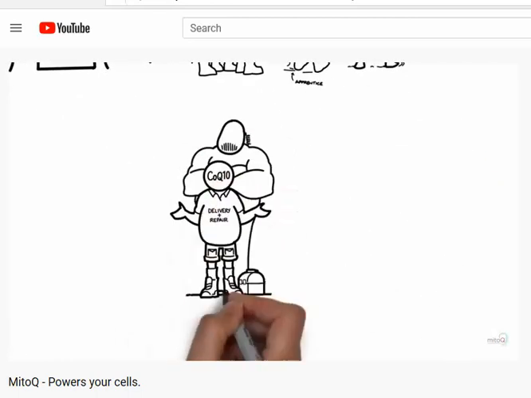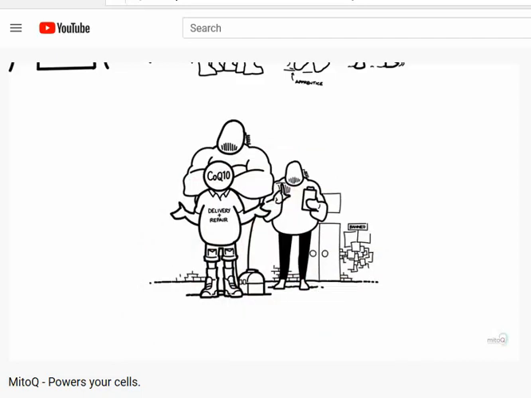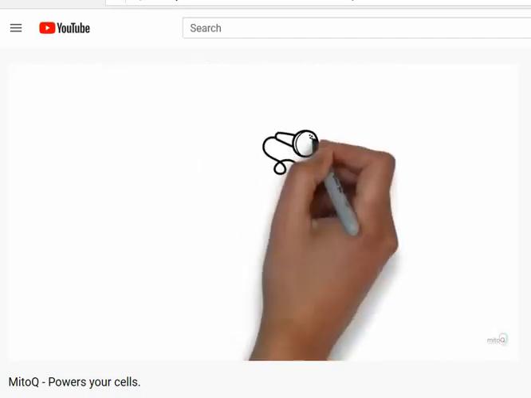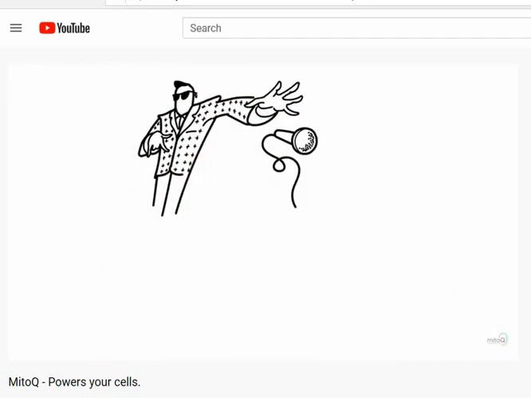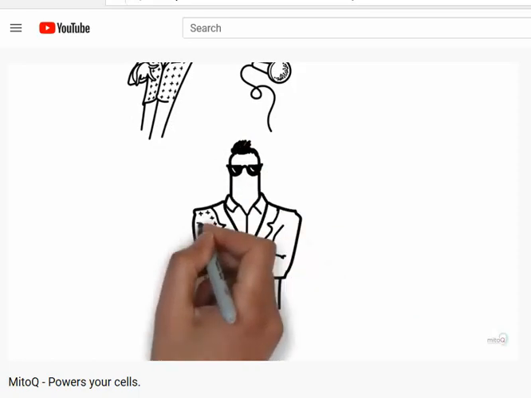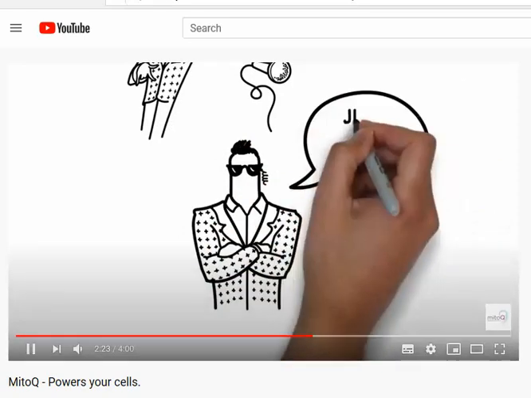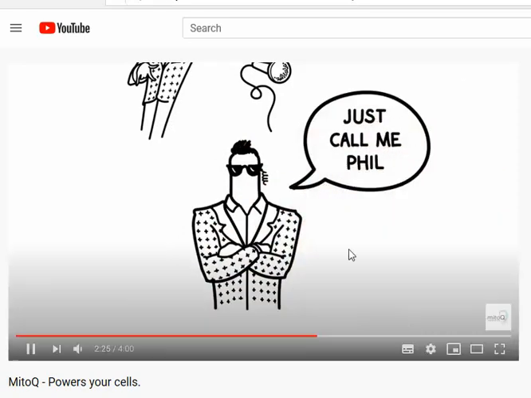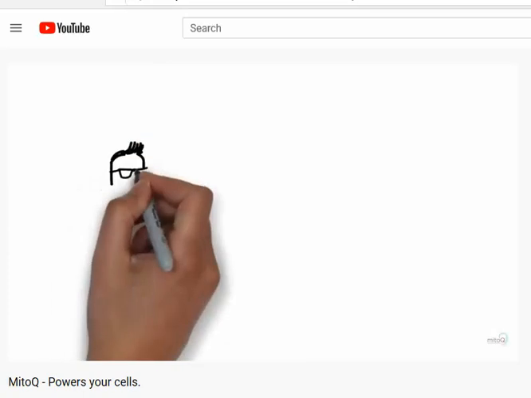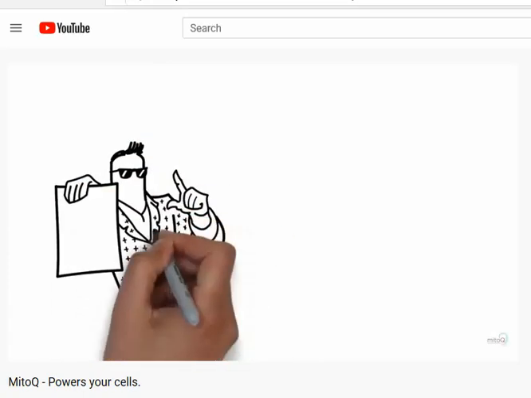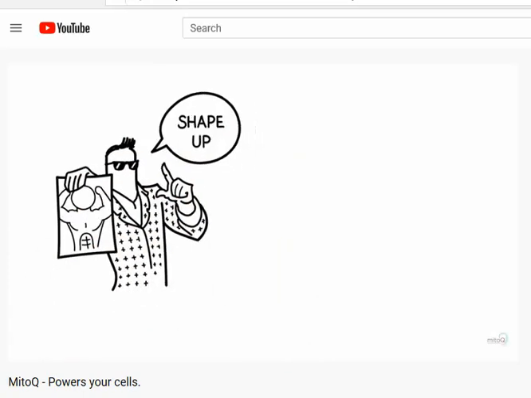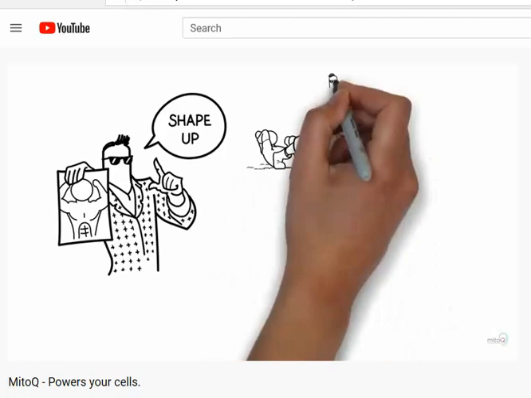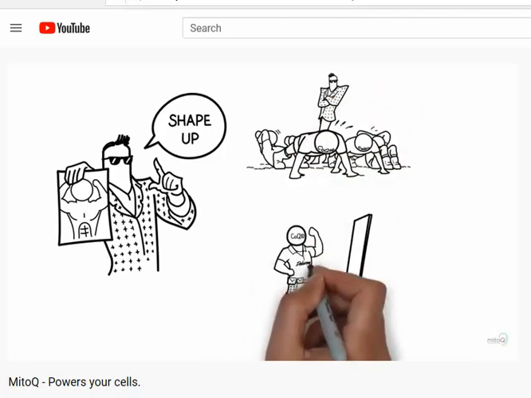So what now? Well, luckily there's a super slick ion called lipophilic triphenylphosphonium. Phil's positively charged, all charisma, and a great motivator for CoQ10. Because once they get in shape, Phil gets them looking irresistible.